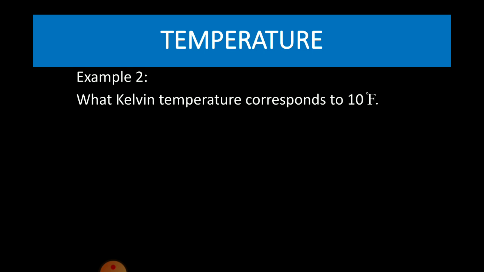Another example, what Kelvin temperature corresponds to 10 degrees Fahrenheit? So we need to convert degrees Fahrenheit to Kelvin. So basing from our conversions a while back, there is no direct conversion of degrees Fahrenheit to Kelvin. But instead, we need to convert first degrees Fahrenheit to degrees Celsius. Then from that degrees Celsius, we will convert it to Kelvin. So, first, convert degrees Fahrenheit to degrees Celsius.